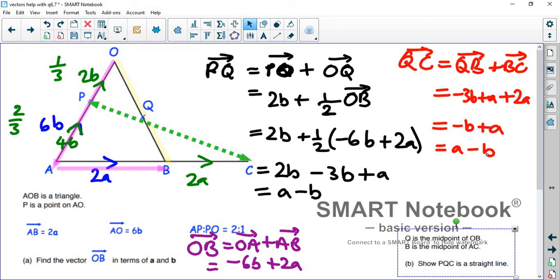So now we know that PQ and QC are actually the same vector, so then definitely one is a multiple of the other. I'm going to just write that down to make it clear. So we've got that PQ is equal to 1 times QC.